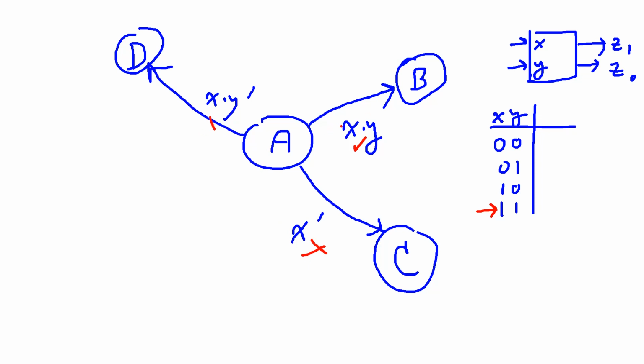So when the clock ticks, the state will change from A to B. So you can note that for each input applied into the system, when the clock ticks, there is only one arc or one arrow that gets its input condition true. Only one.